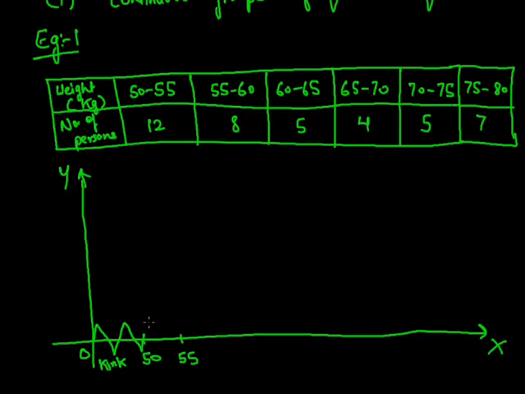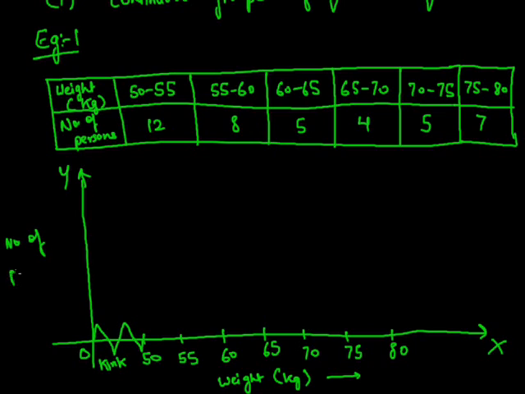Now accordingly we start 50 to 55, then 55 to 60, then 60 to 65, 65 to 70, 70 to 75, and 75 to 80. So we have plotted the weight in kgs on the x-axis, and now we will plot the number of persons on the y-axis.